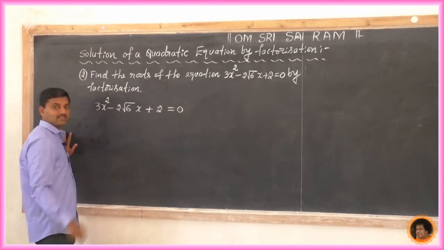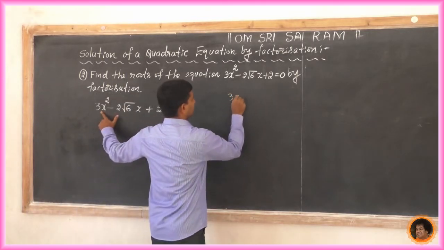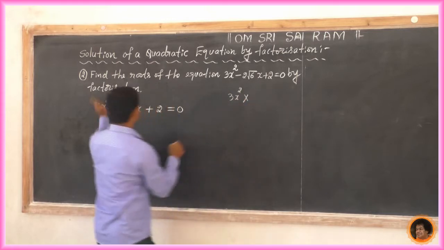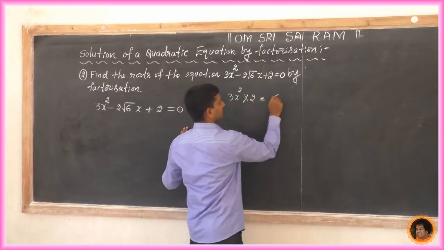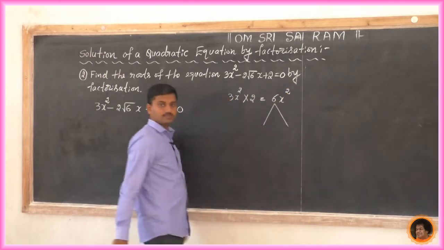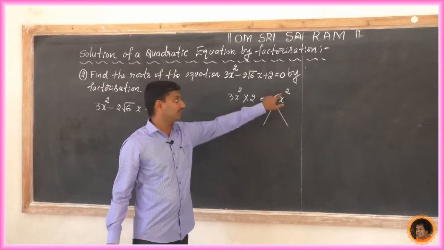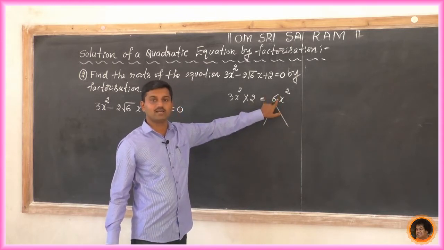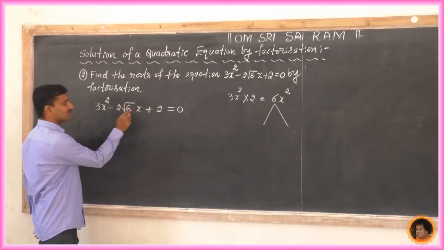Middle term factorization. So what is the first term? First term is 3x square. What is the last term? Last term is 2. So their product is 6x square. So resolve into factors such that their product is 6x square, but the sum is minus 2 root 6x.